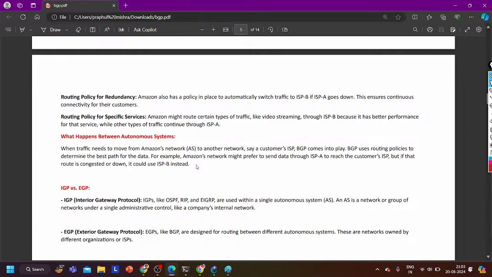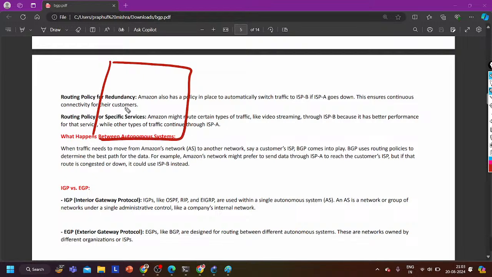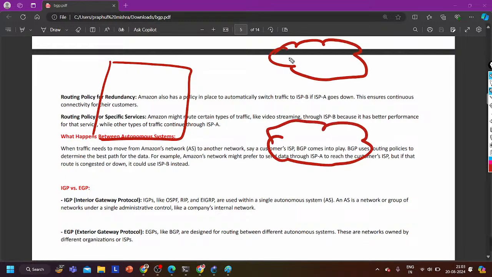Yeah, this is a very simple definition of what it's saying. This is a company, a data center of Amazon, and Amazon has connectivity from two service providers, ISP A and ISP B. So BGP has the capability to sense the ISP, right?